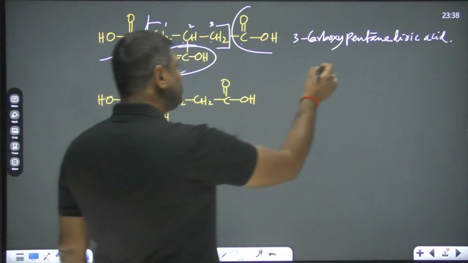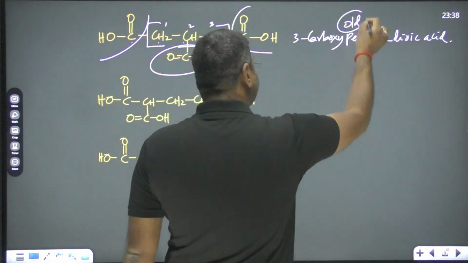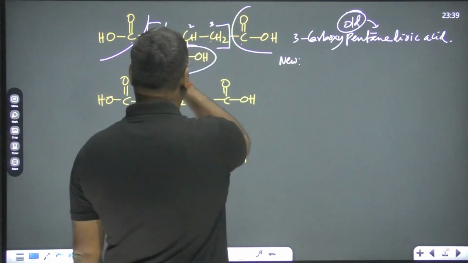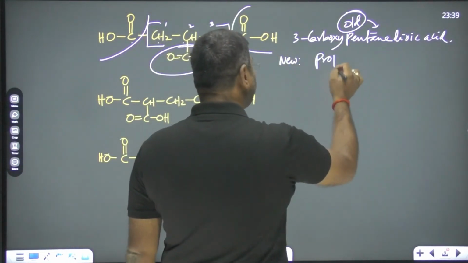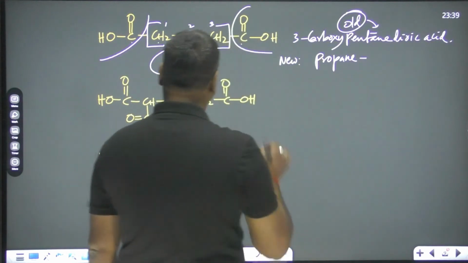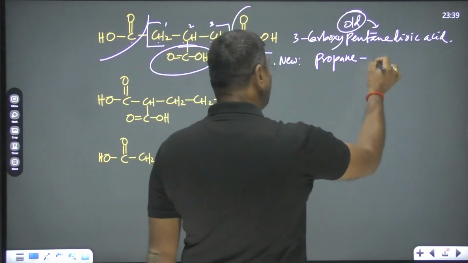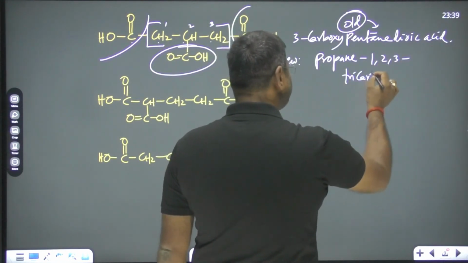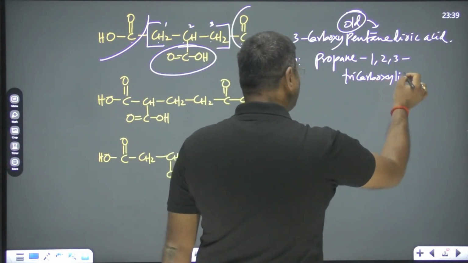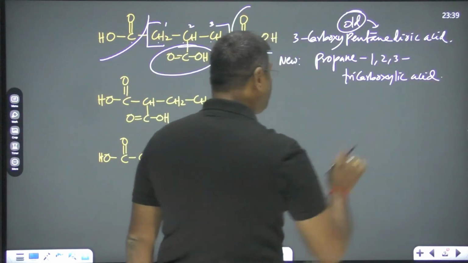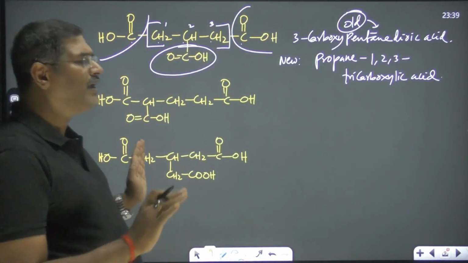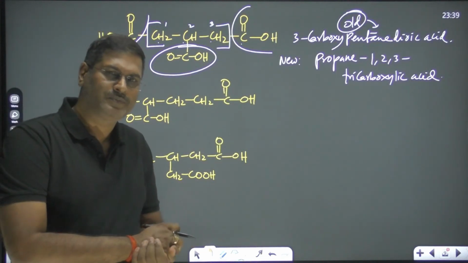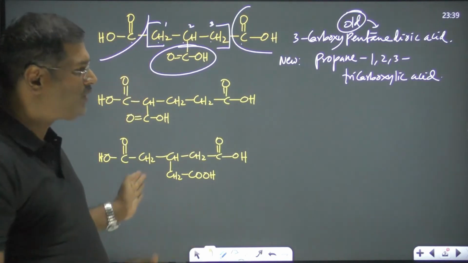So this one is the old name, the new one is propane, 1, 2, 3-tricarboxylic acid. 3 COOH groups are there, so tricarboxylic acid. Yes, I hope it's not difficult to understand. You might have enjoyed, and now it is very clear.